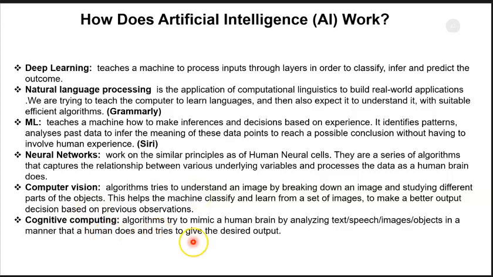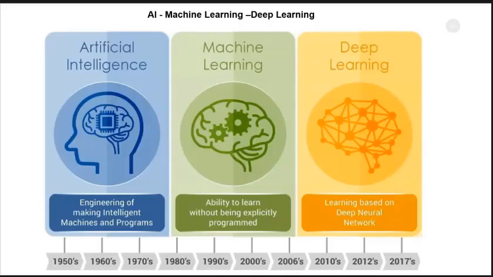Cognitive computers try to mimic the human brain by analyzing text, speech, images, or objects in the manner that a human does, and try to give the desired output and the right decision.